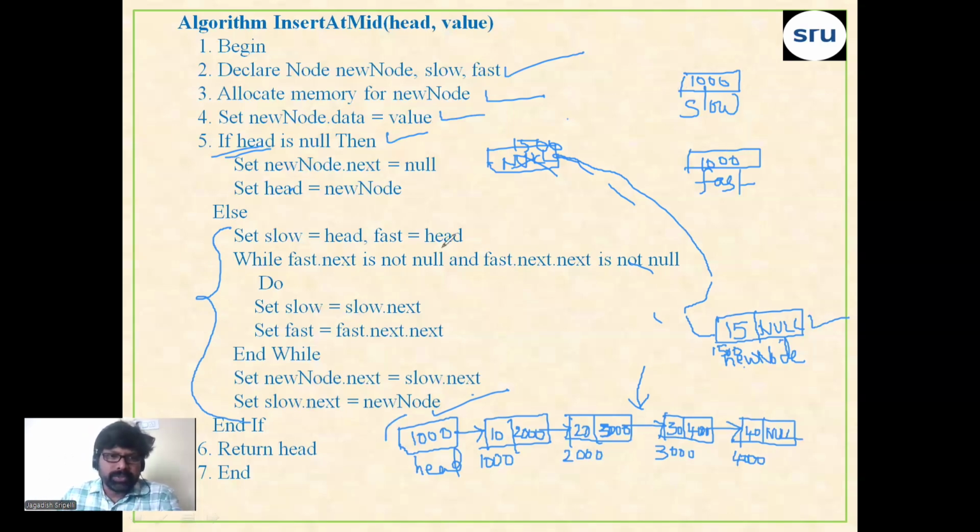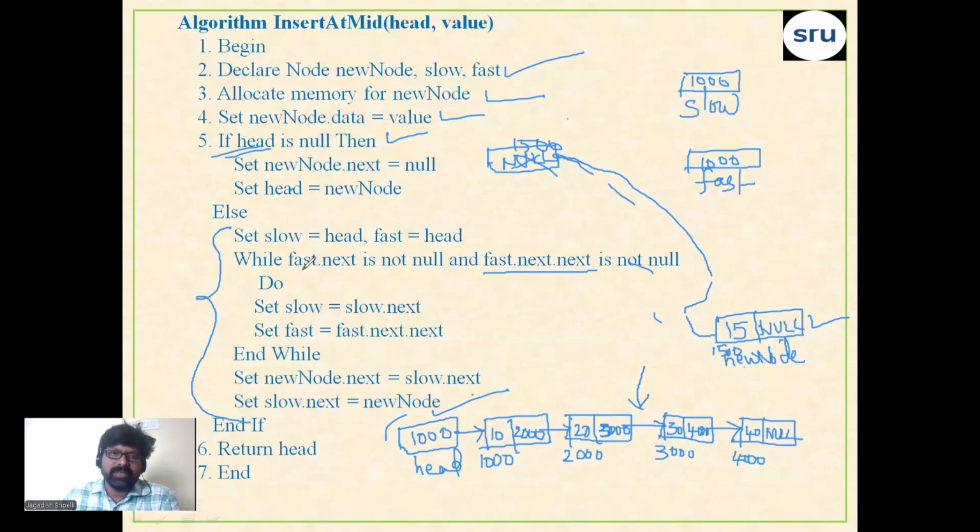So now, while fast dot next is not null and fast dot next dot next is not null. This is the important comparison here. Fast dot next means what? Fast is 1000, its next is 2000.